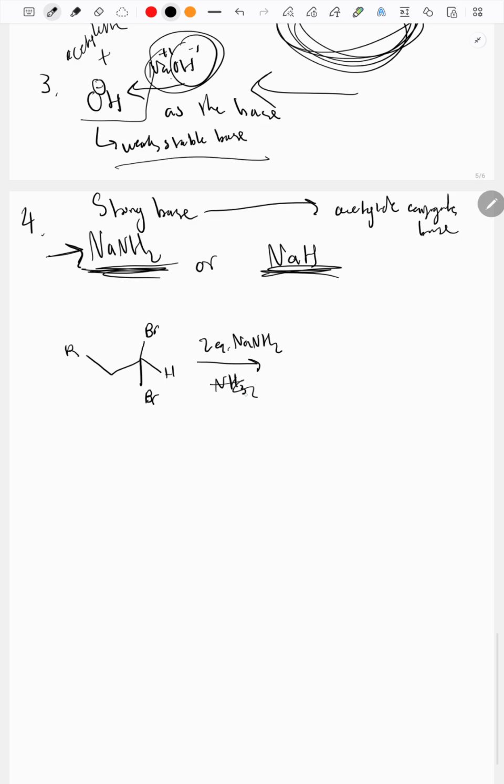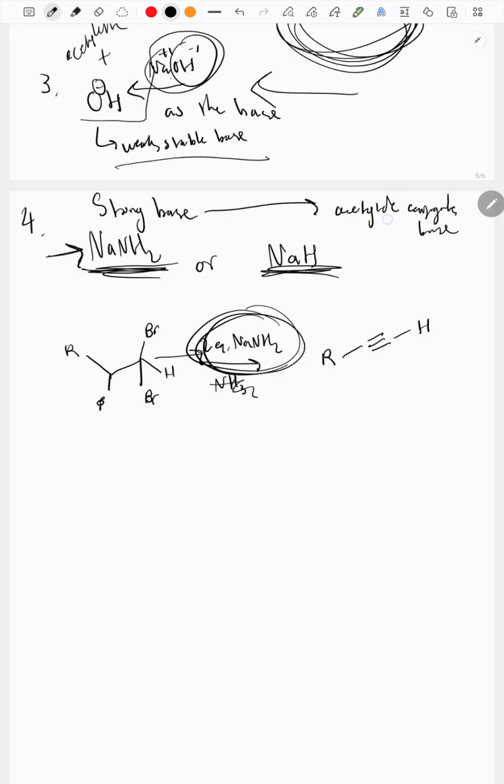How is that possible? Well, NaNH2 is used for elimination. We talked about the beta hydrogen, so that's why we could form R, and this is what it should look like. Note that we could use strong bases for elimination. That's why we have turned this into that.